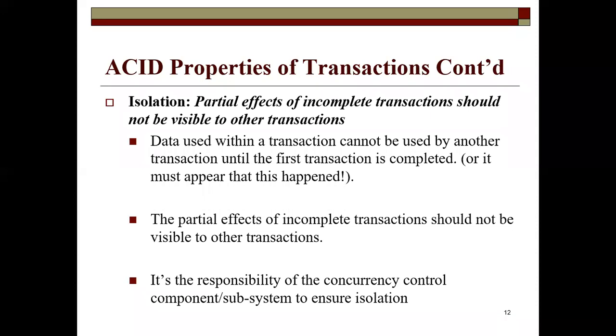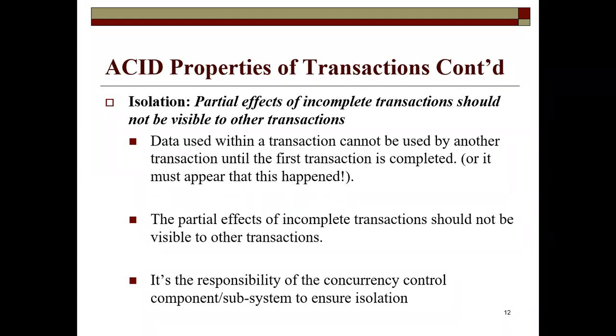I am saying that, yes, consistency is about all rules and regulations being satisfied, as Godfrey mentioned. When we look at ACID, the I in the ACID acronym represents isolation, and this is about partial effects of an incomplete transaction not being visible to other transactions.